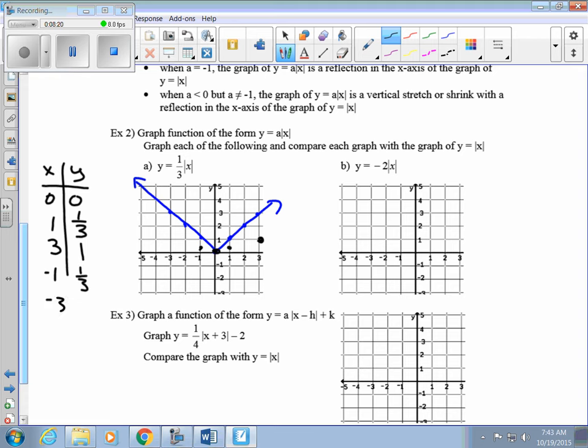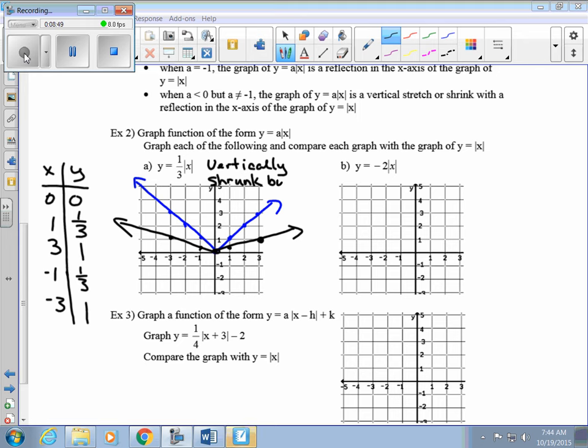And if I put in -3, I get 1. So the black one is our graph of this function. The blue is the parent function. So in this case, the black one is vertically shrunk by a factor of 1/3.